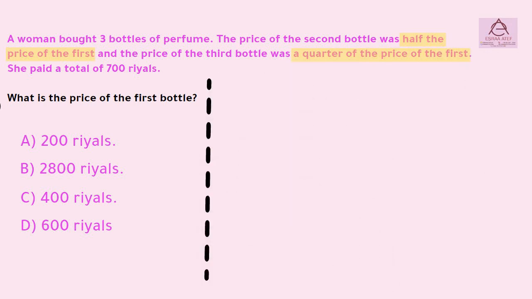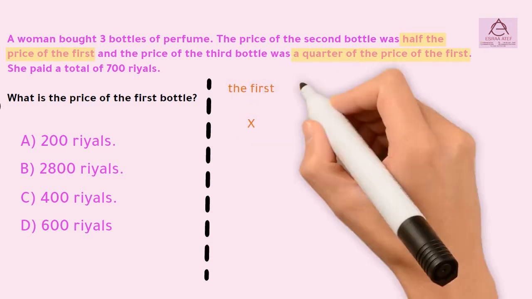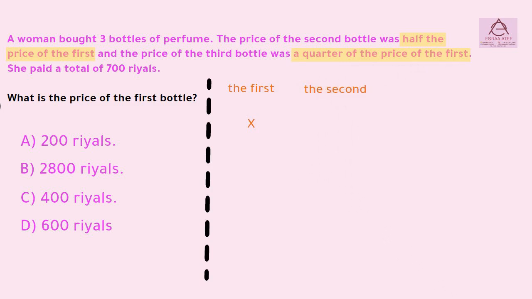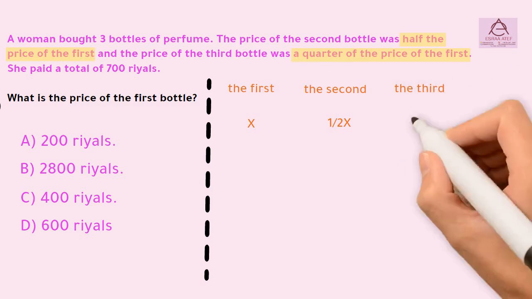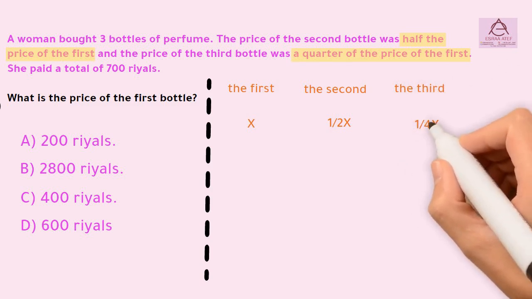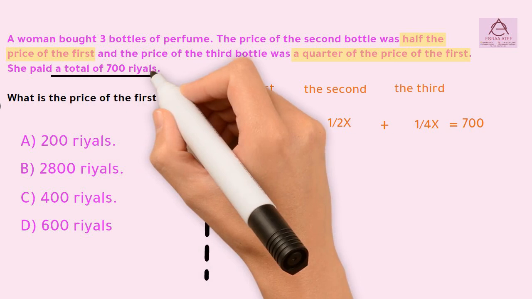So we will solve it in terms of x: the first perfume we will say is x. The second perfume is half of the first, which means half of x. The third one is a quarter of the first, which means a fourth of x. And the addition of them is 700, because he said that the total price is 700.